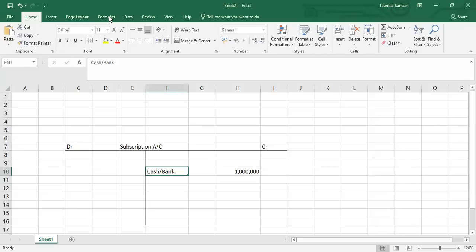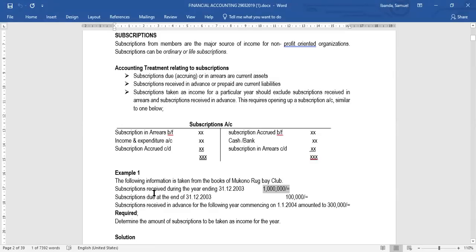Now remember, they are telling us that subscriptions that were due at the end of 31st December 2003 were 100,000. Now subscriptions that are due are assets. Now if we have subscriptions that are due, okay, it means that we shall have a debit balance, and this is at the start of the financial period.